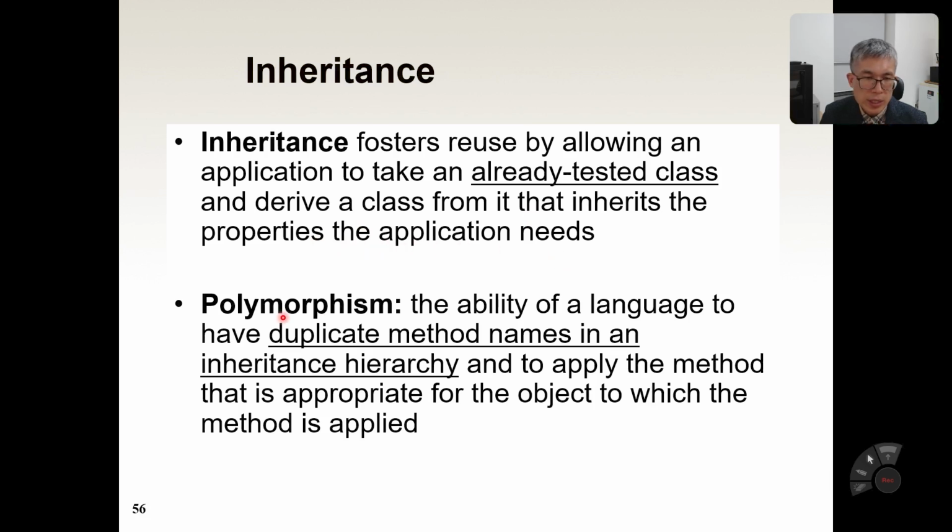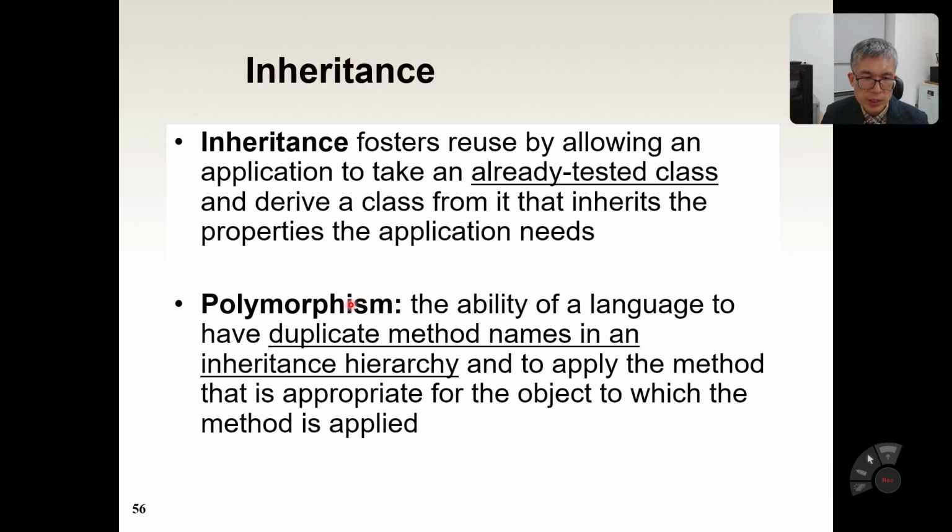Polymorphism is the overriding of functions I mentioned: a parent function and the child class function are named the same, but the child class can override, which means the function can be changed inside of the class.